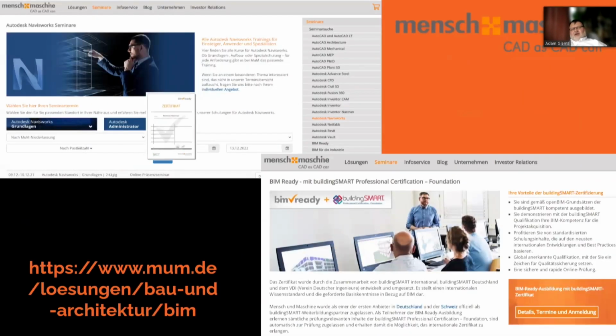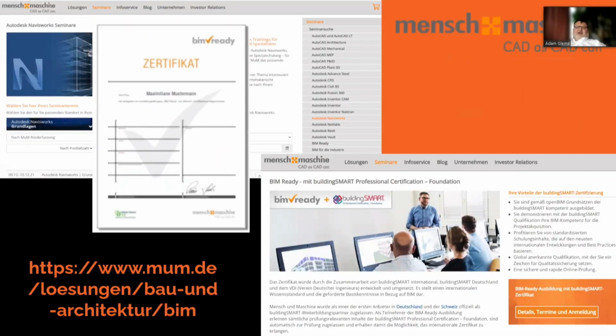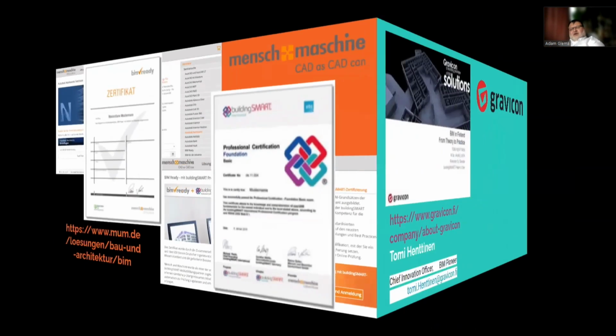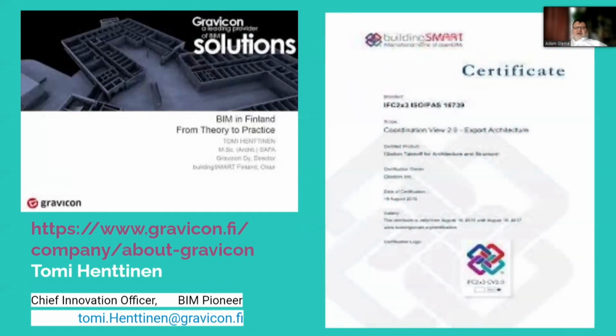And finally, examples. The German training company Mensch und Maschine. They are in several CADs. And please note, in their certificates, you can see the logo of buildingSMART and this combination of all cycles.